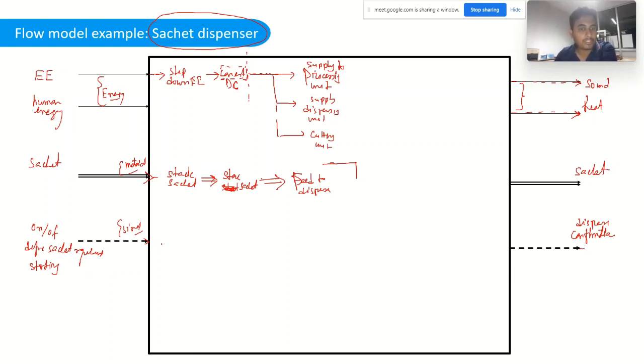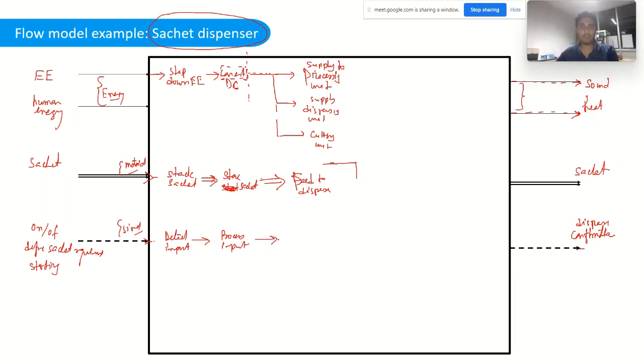Okay, let's start with the other signal. When we first start, we need to provide some input, so detect input. Detect input means user input, so there should be some sort of processing unit. So process input means it detects how many sachets you want.